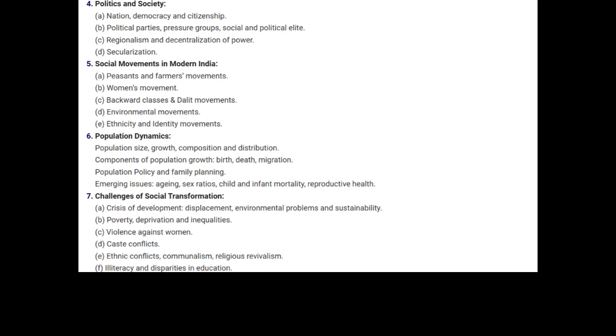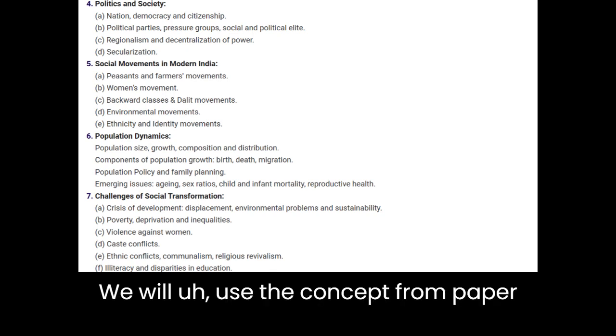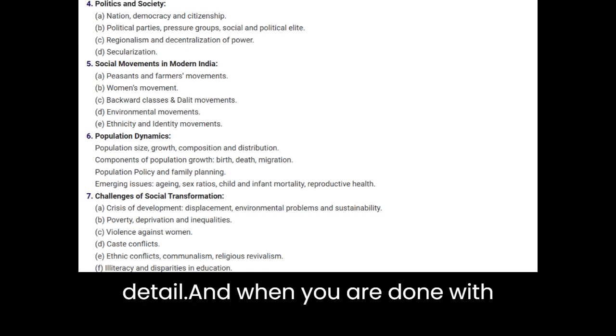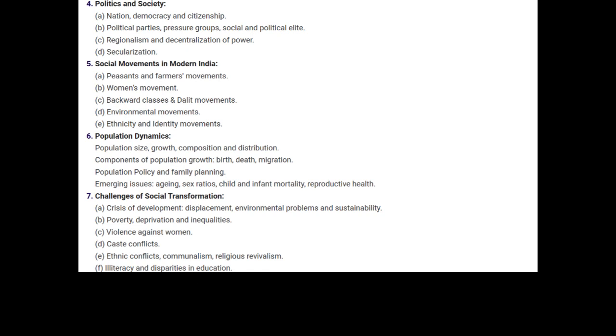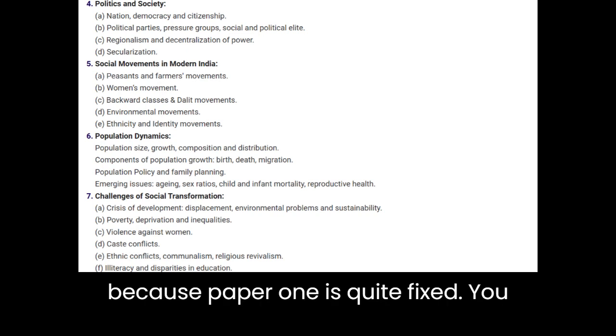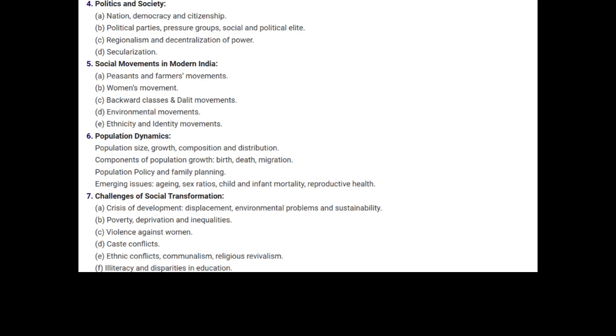So you see all these chapters. We will use the concepts from paper 1. We will study it in detail, and when you are done with the syllabus, you will be able to get more marks, because paper 1 is quite fixed.